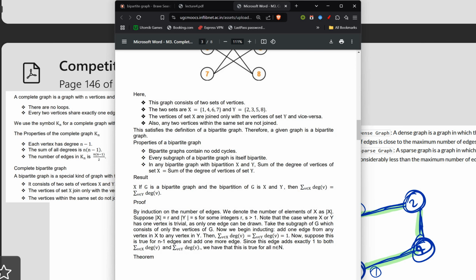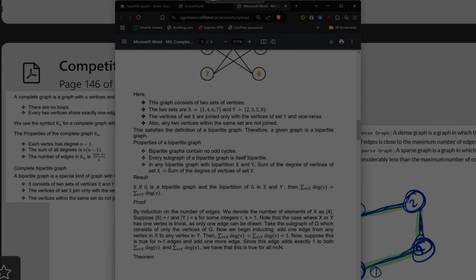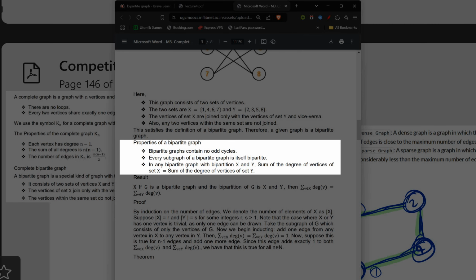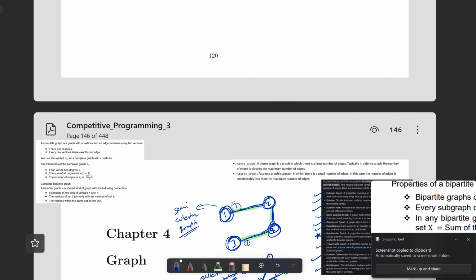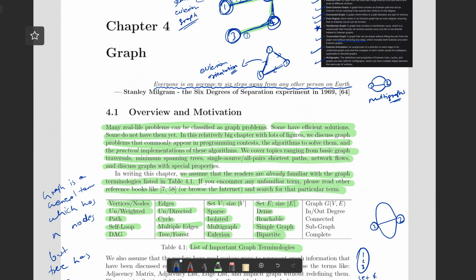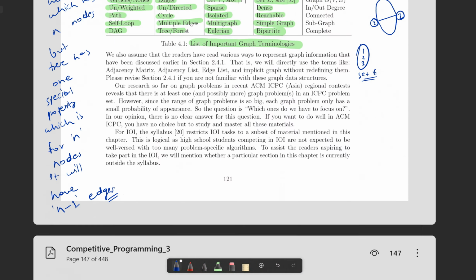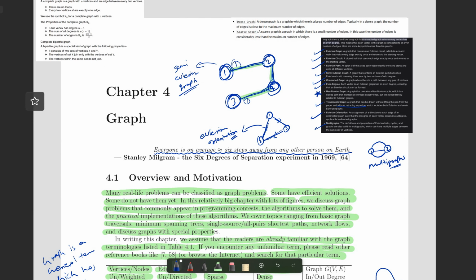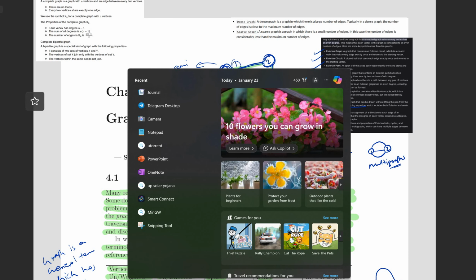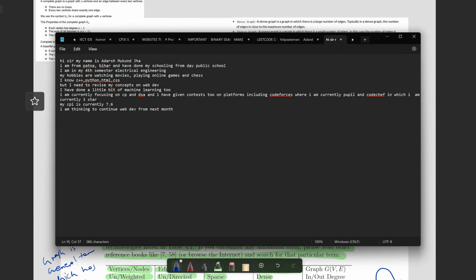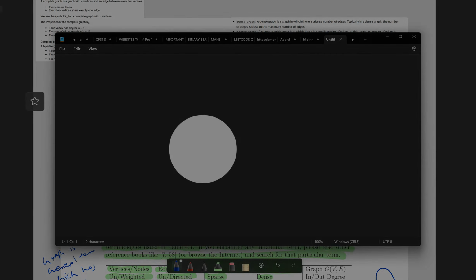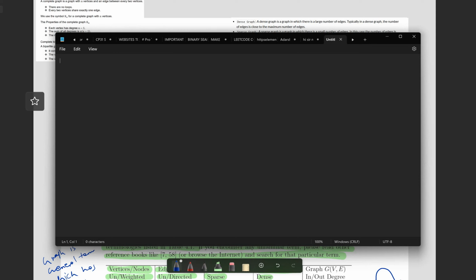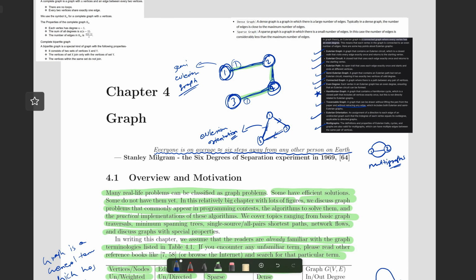I want to paste it. I don't know what happened. I'm unable to. So before that, let me stick it somewhere else. Cannot paste the picture here.